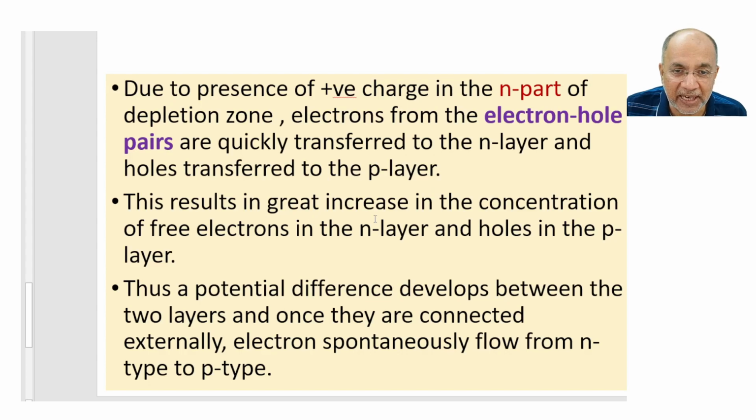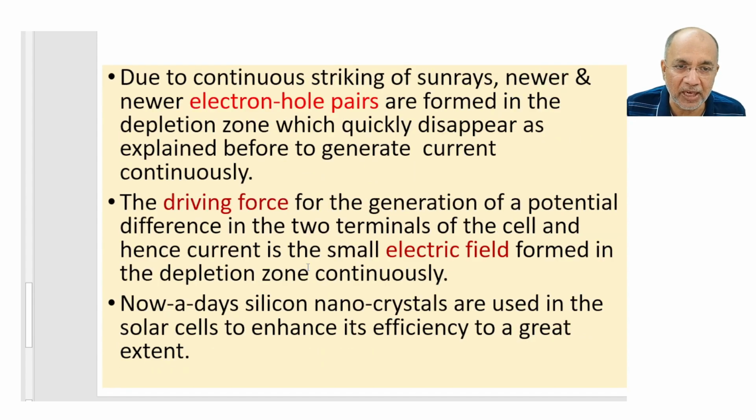This results in a great increase in the concentration of free electrons in the n layer and holes, that means mobile holes, in the p layer. Thus, a real potential difference develops between the two layers, and once they are connected externally, electrons spontaneously flow from n type to p type.